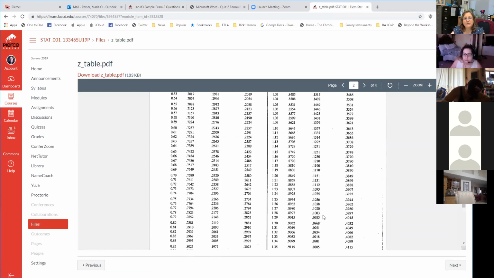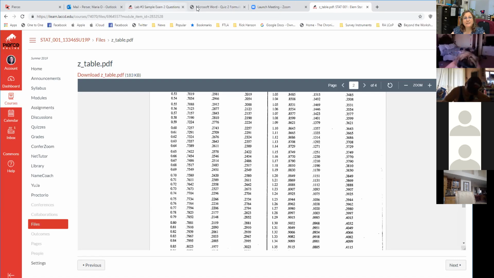Which one is the closest to 0.10? 0.1003 is the closest to 0.1. So the z cutoff is 1.28. At 1.28, this is where the top 10% starts. This is the cutoff.